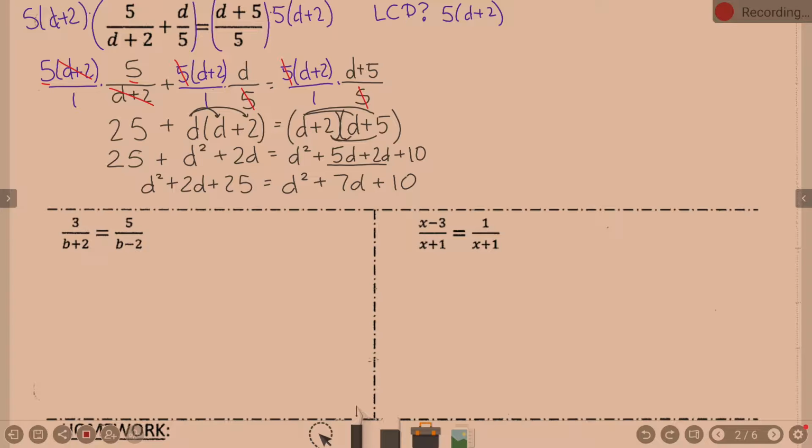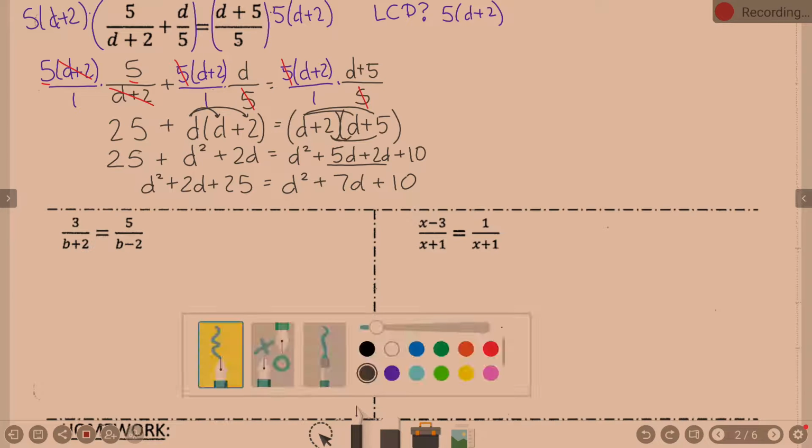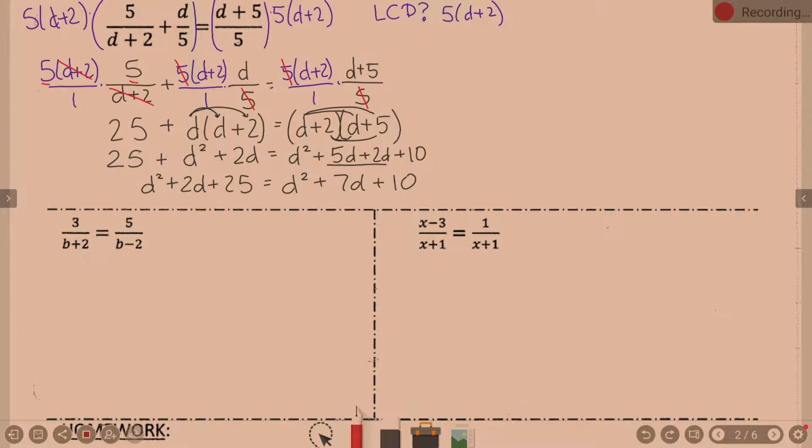What happens when we go to get our D squareds on the same side? How would you move a D squared to the other side? If it's a positive D squared, you're going to subtract D squared. If you subtract D squared on one side, subtract D squared on the other side.